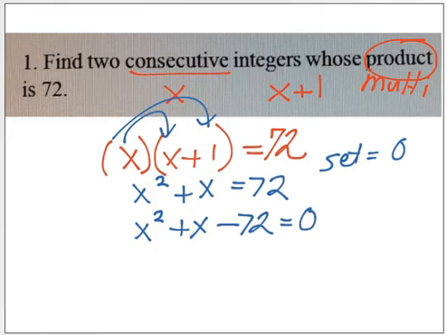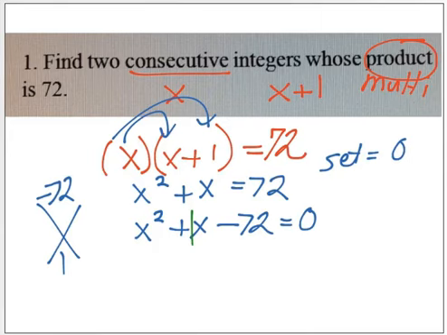Now this looks like something that maybe we can factor, and since this is about factoring, we already know. So I need to find something that multiplies to 72 but adds to 1. Why is it 1? Because 1 is the coefficient for the linear term.